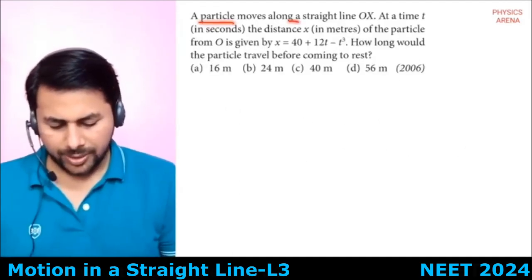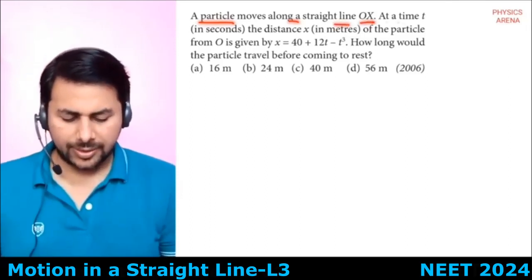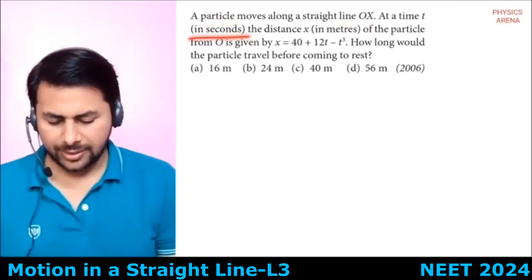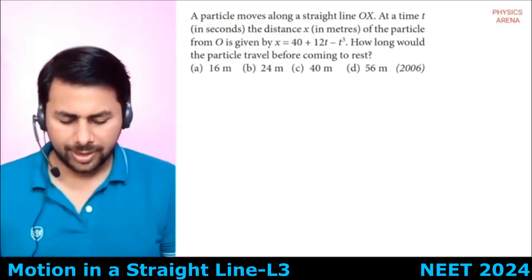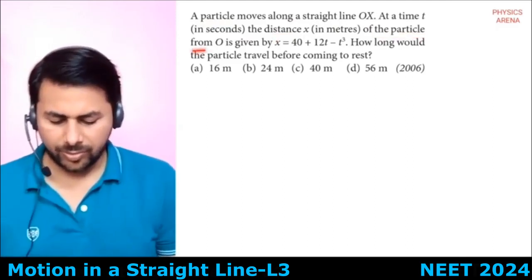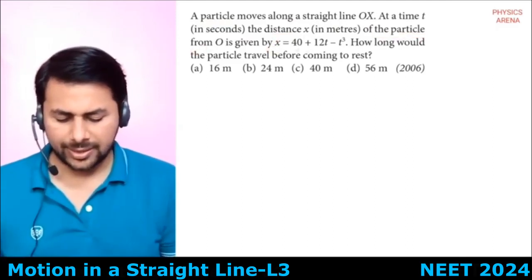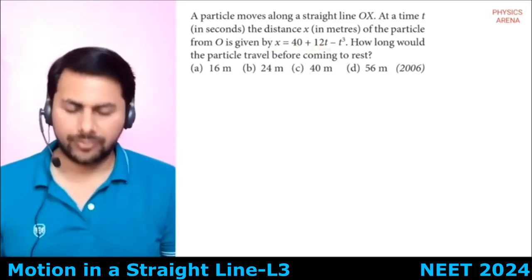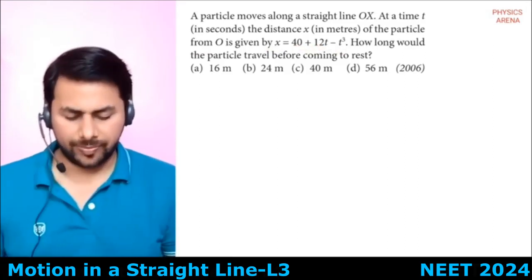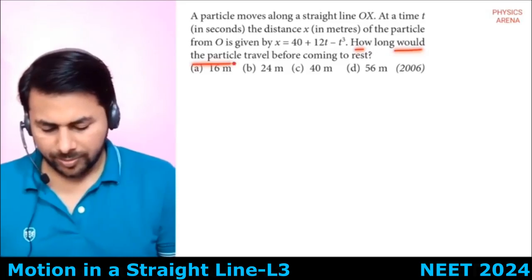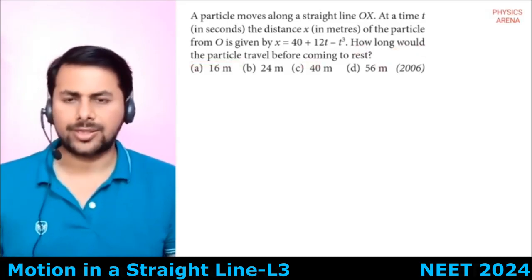A particle moves along a straight line OX. At a time t in seconds, the distance x in meters of a particle from O is given by x is equal to 40 plus 12t minus t cube. How long would the particle travel before coming to rest?